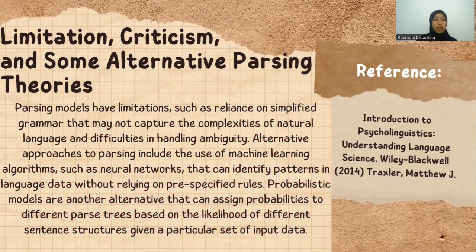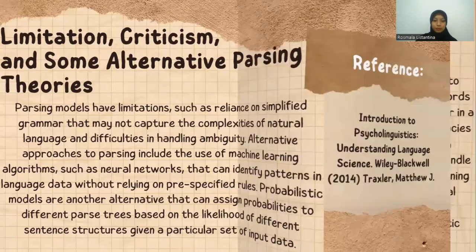Alternative approaches to parsing include the use of machine learning algorithms, such as neural networks, that can identify patterns in language data without relying on pre-specified rules. Probabilistic models are another alternative that can assign probabilities to different parse trees based on the likelihood of different sentence structures given a particular set of input data.